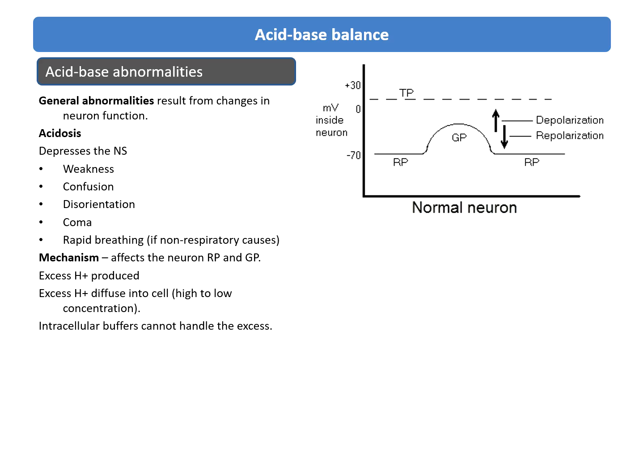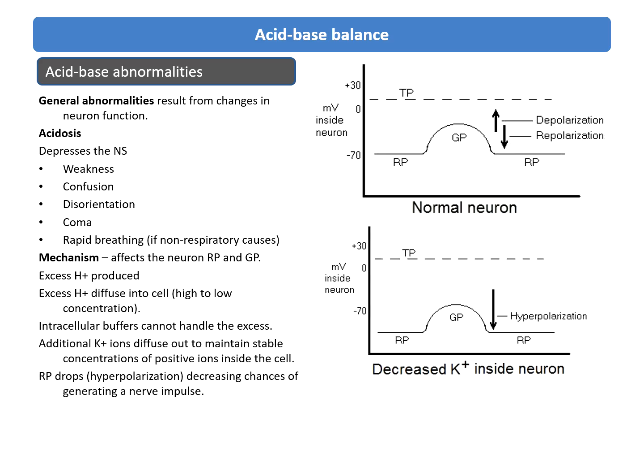Intracellular buffers cannot handle the excess, and the additional potassium ions then diffuse out. Remember, positive ions repel positive ions, and this maintains a stable concentration of positive ions inside the cell. When the potassium ions diffuse out, the resting potential drops, a hyperpolarization, which decreases the chances of generating a nerve impulse. Potassium concentrations in extracellular fluid increase. This would be hyperkalemia.